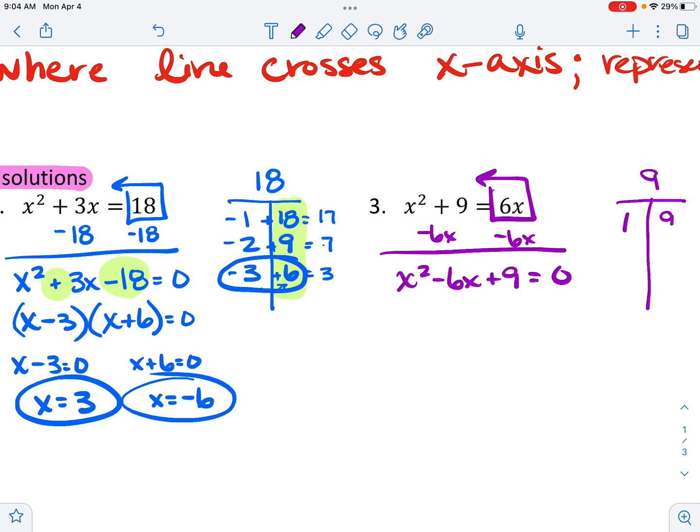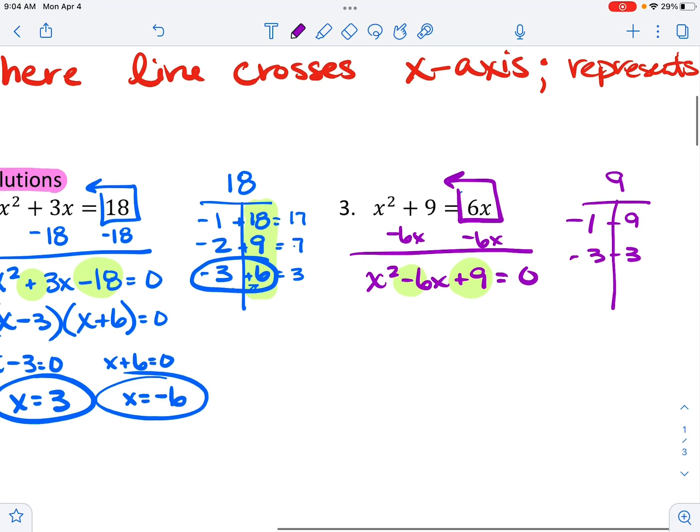So 1 and 9 and 3 and 3. Because our 9 is positive, but our B is negative, they are both going to be negative. We add them together. This is a negative 10. This is a negative 6.